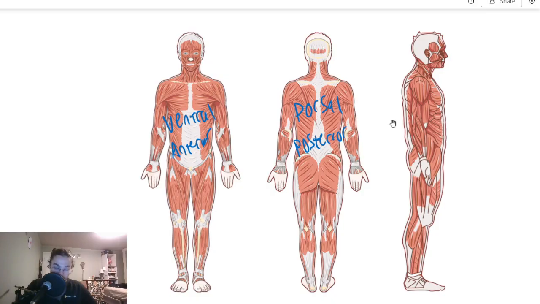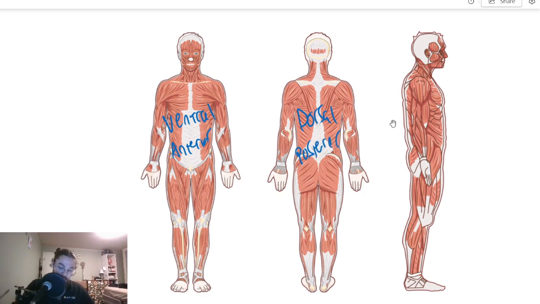So another way you can remember this is that cetaceans, like orcas, for example, have a big dorsal fin, and their dorsal fin is on their back. So if this guy was a whale or a shark, his fin would be right here. So this is the dorsal side of the body. Okay? Dorsal or posterior. This whole side of the body, this whole thing.